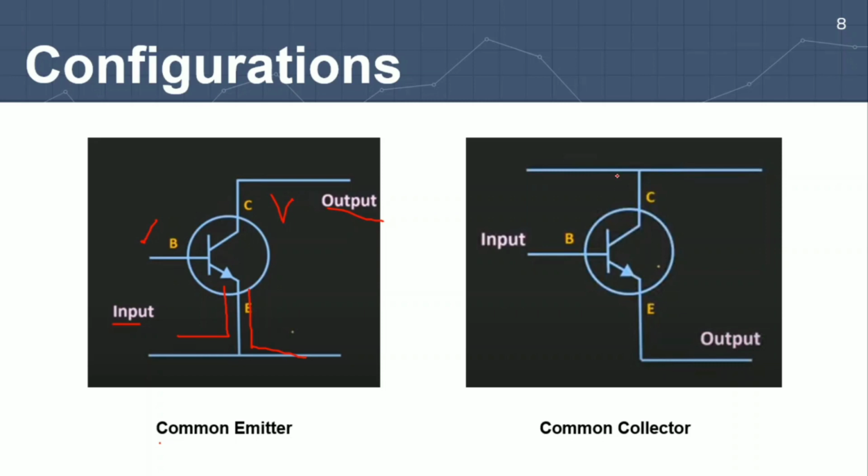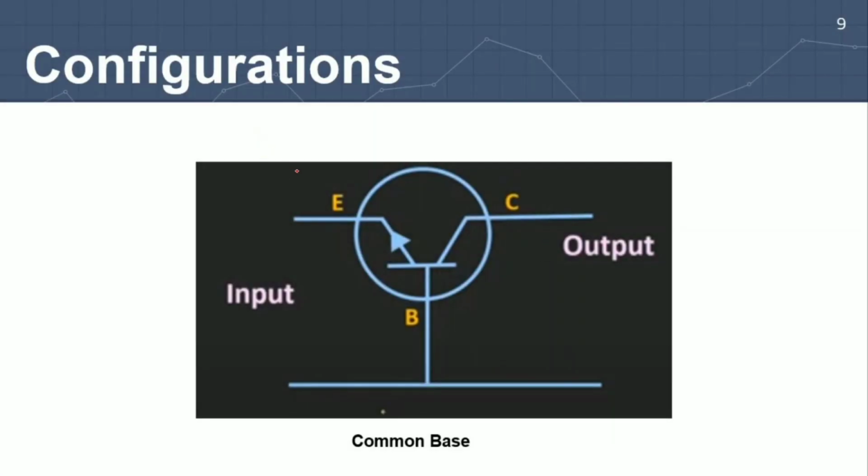Next is the common collector configuration, where the collector is common to both input and output. At the output you have emitter and collector, and at the input you have base and collector. Next is the common base configuration, where the base is common to both input and output. At the input you have emitter and base, and at the output you have collector and base.